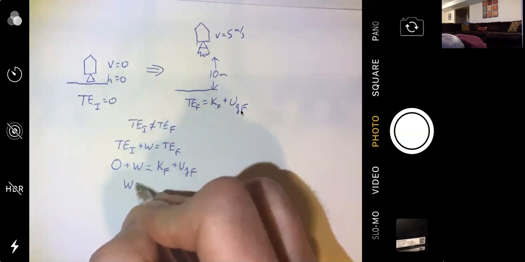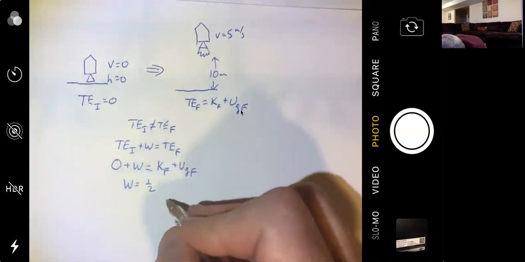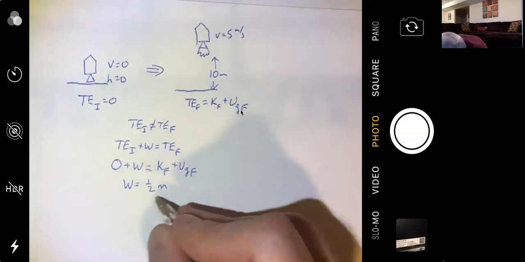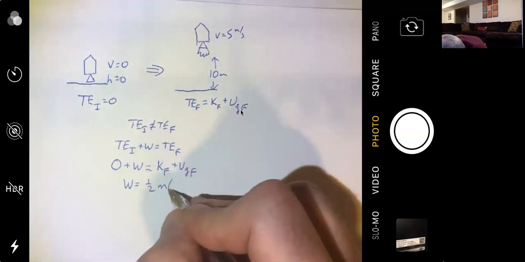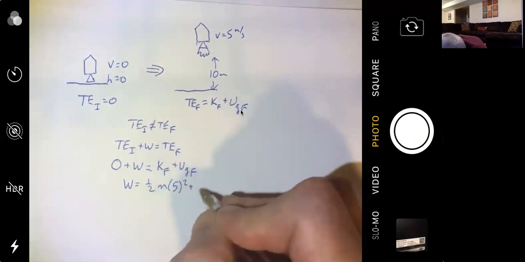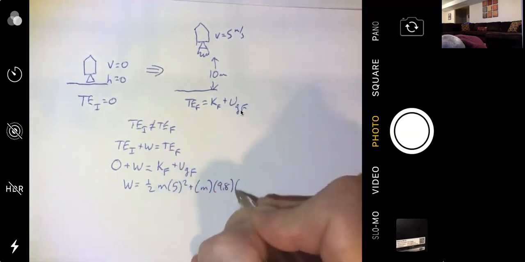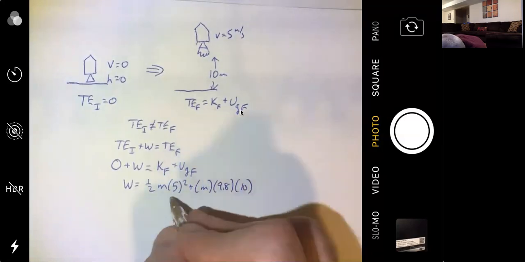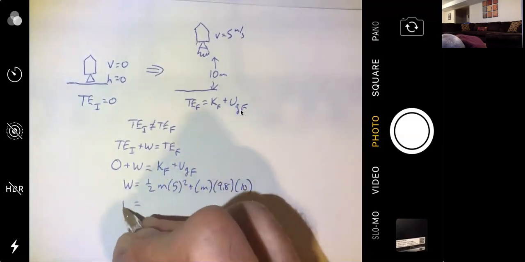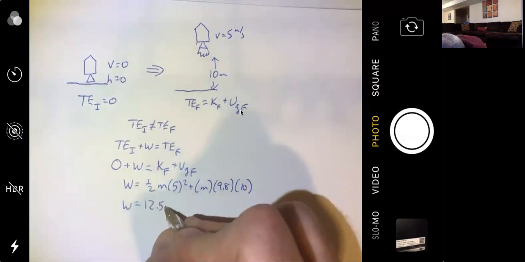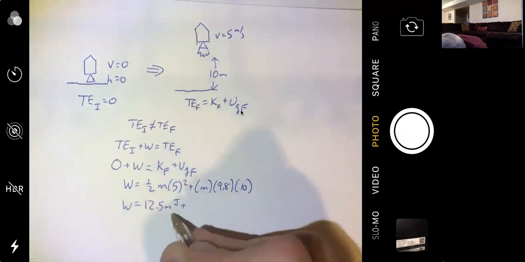We know that the work done is equal to 1/2, and I don't know the mass of the rocket, so let's do one of these with m in it. So I've got an m times 5 squared, and then I've got an m times g times h. So half of 25 is going to be 12.5 m joules. And notice it's just got an m.